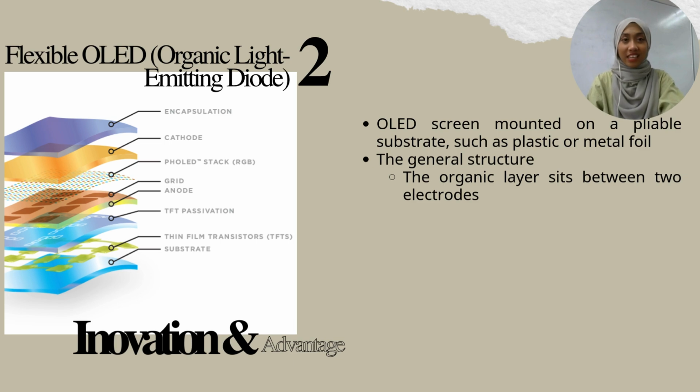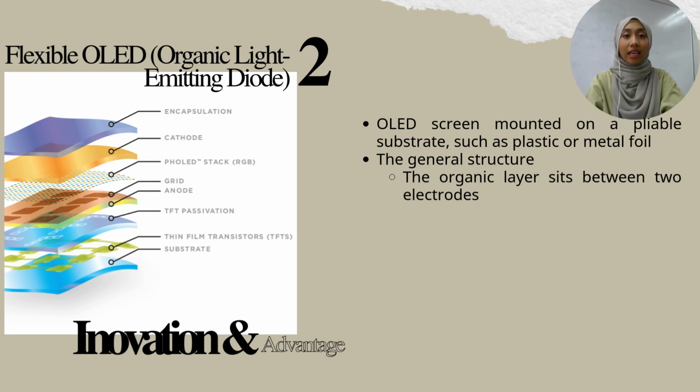Okay, so the next innovation is flexible OLED or flexible organic light emitting diode. So what is it actually? It is a screen mounted on a pliable substrate, such as a plastic or metal foil, enabling it to bend, curve, or even roll up, in contrast to conventional rigid glass displays. The general structure for flexible OLED is an advanced solid-state light emitting device with a sleek layered design.